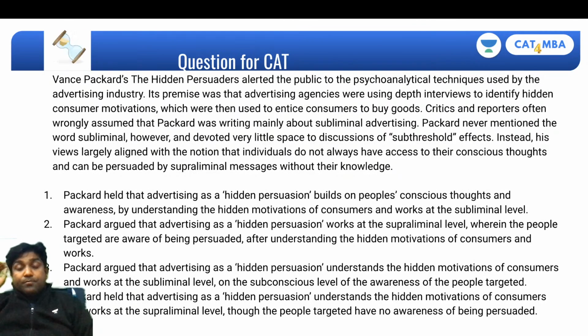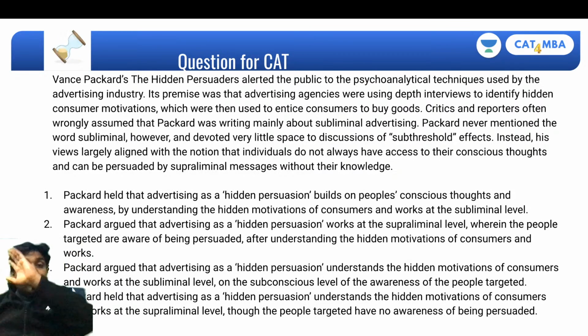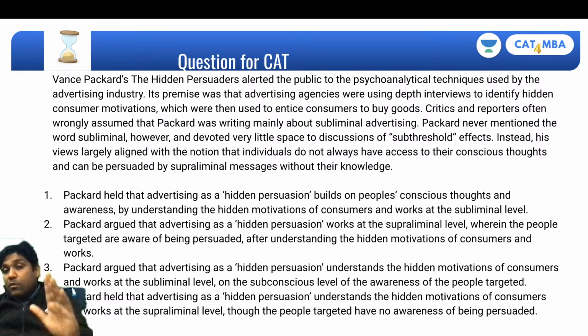Had it mentioned supraliminal instead of subliminal, option number 1 would have been technically absolutely correct, but they mentioned subliminal. The author has mentioned in the 4th line that subliminal is incorrect. That means it is not what Vance Packard did. So option number 1 is incorrect.